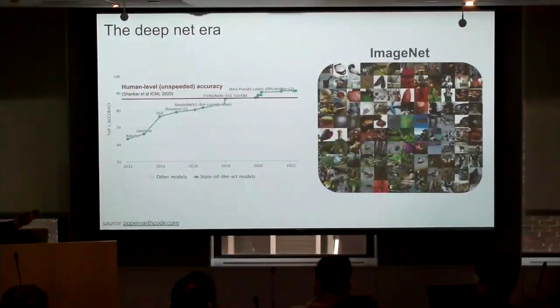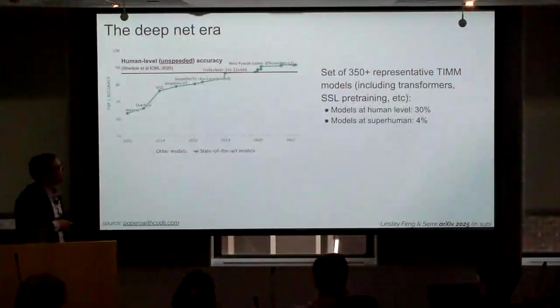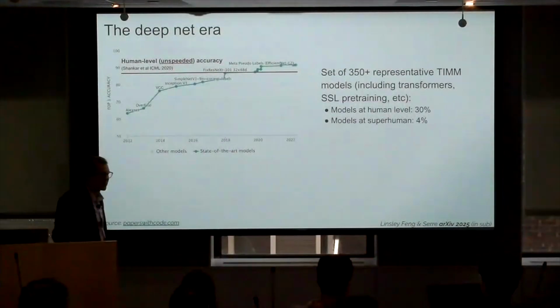How representative are those models of the everyday models that we use? We wanted to ask the question, and so Drew Linsley, who is here in the back, took a library of models known as TIMM, which incorporates much of the modern day convolutional neural networks, transformers, a lot of different pre-training.